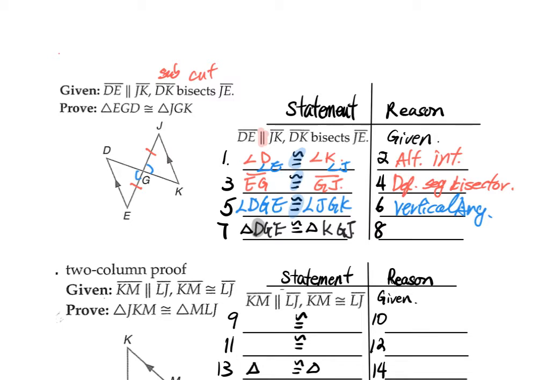The reason for that is, remember, we had that side, we had that angle. If you choose angle E, then you have angle side angle. If you choose angle D, then you have angle angle side. So either angle angle side, I will have to read your paper, or angle side angle. Whatever you choose.